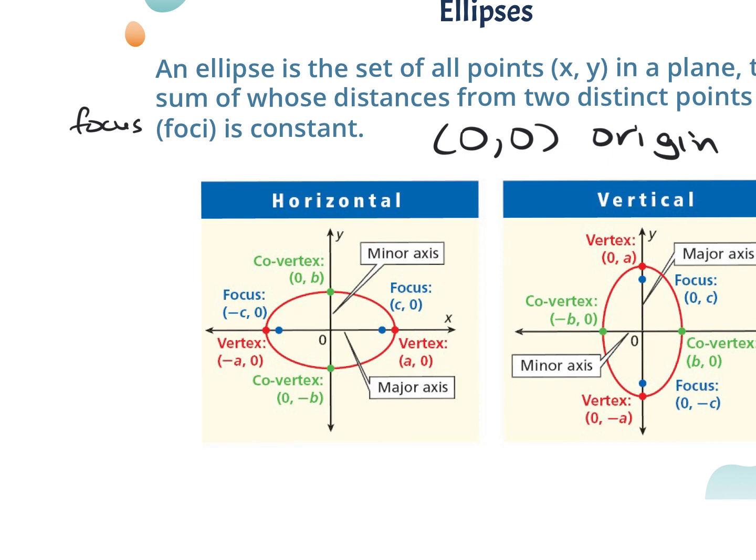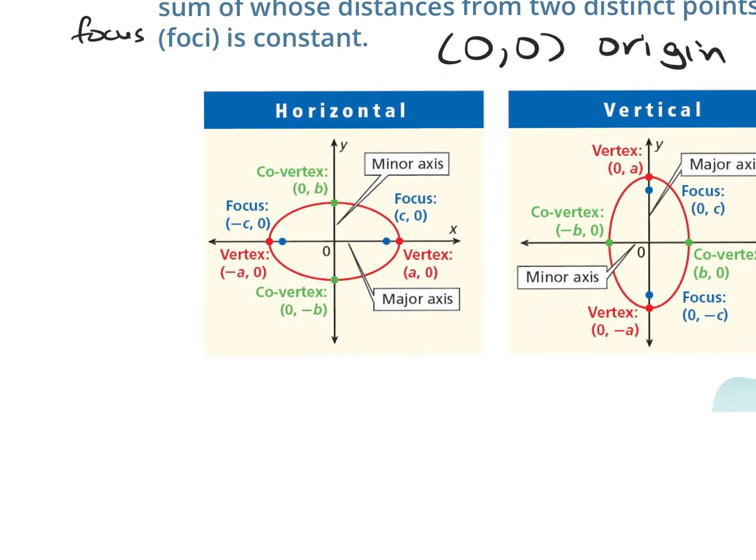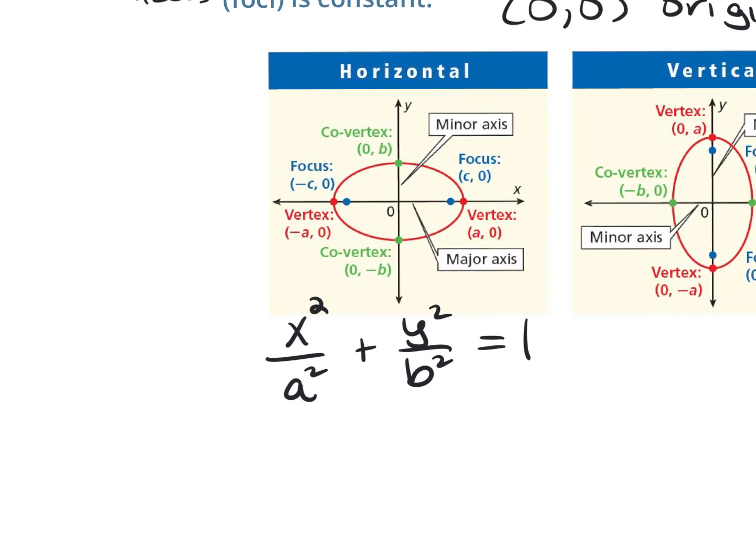In our equation for the horizontal, when the center is at 0, 0, it's x squared over a squared plus y squared over b squared, and it always needs to be equal to 1. In this equation, a squared is always the larger number.